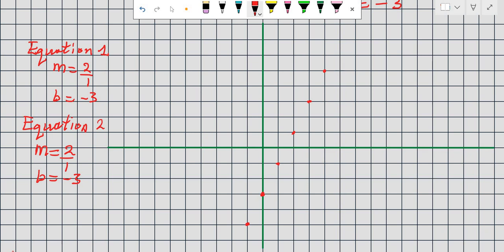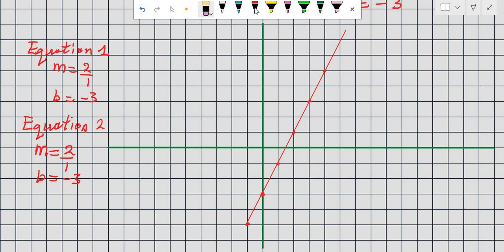Okay, so now we can connect all of these points with a straight line. Let's connect the points. All right, so this is now the graph of this equation. Both of them are on the same line.